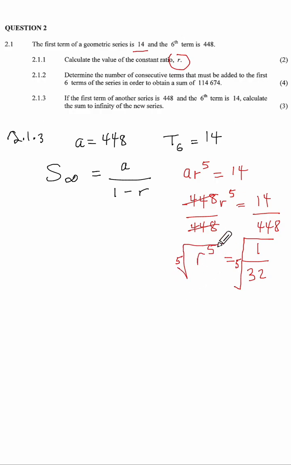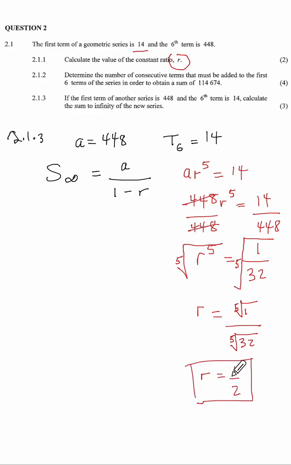So the fifth root of r to the power 5 is r, equal to the fifth root of 1 over 32. It is the fifth root of 1 over the fifth root of 32. If you recall, the fifth root of 32 is 2, and the fifth root of 1 is 1. So r is equal to 1 over 2, or half.